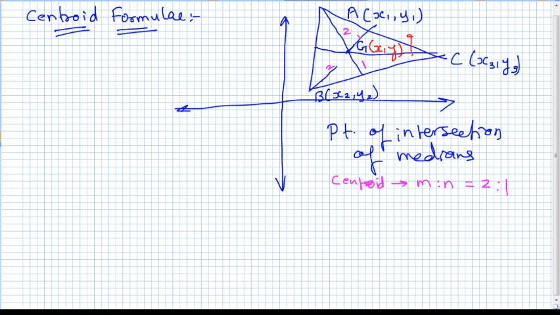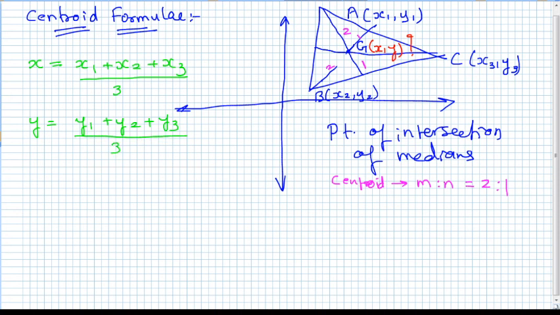How do I find x for the centroid? x is very easy: x1 plus x2 plus x3 upon 3. That is for x. And for y, you can predict it: y1 plus y2 plus y3 upon 3. So this is the formula.